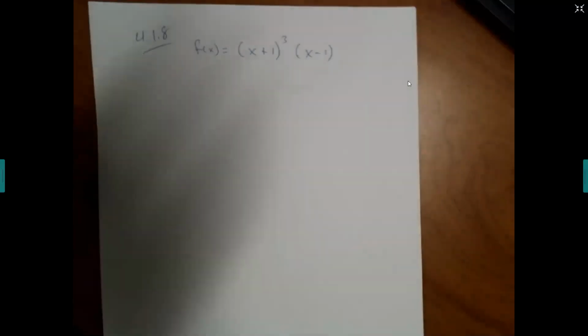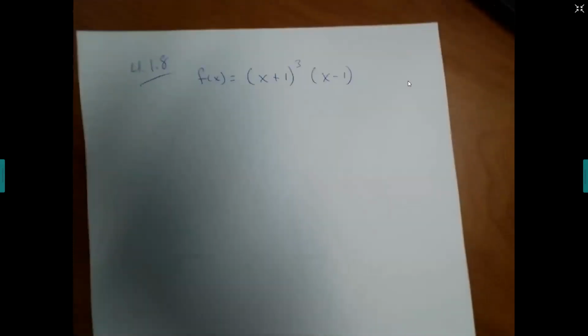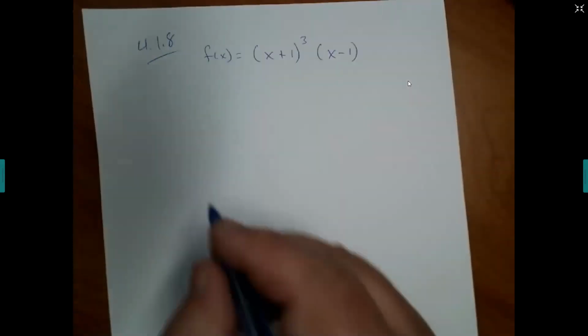This one's asking us to find the zeros and multiplicity.